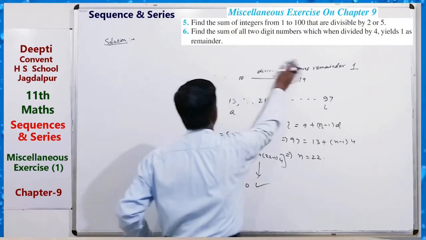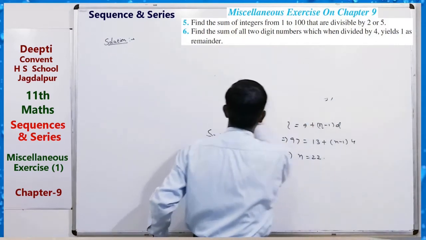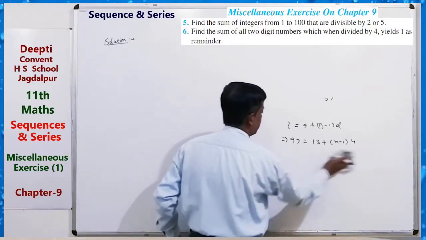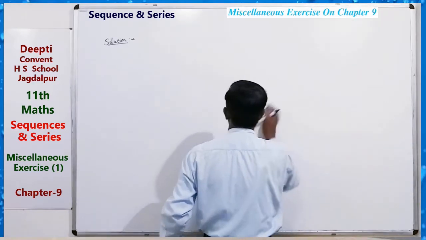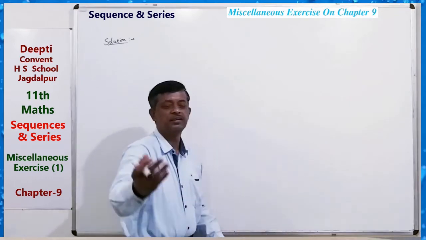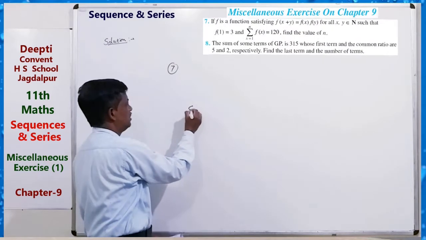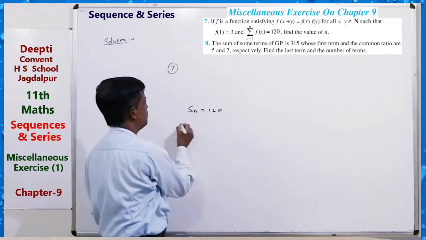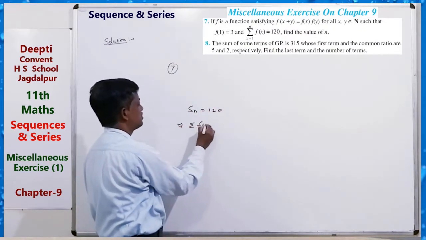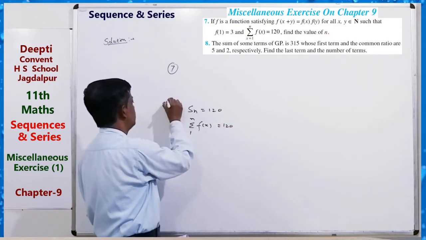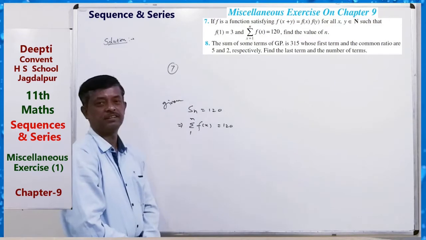So here in these questions we just have to make the terms of an AP, and Sn is given. You have to find the value of n. Sn equals 120 is given. Sn means the sum of f(x) from 1 to n is 120.